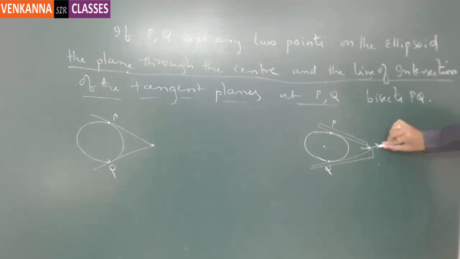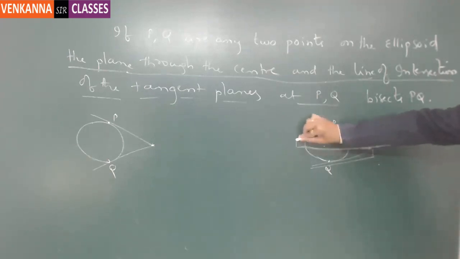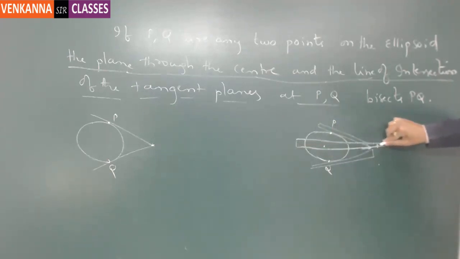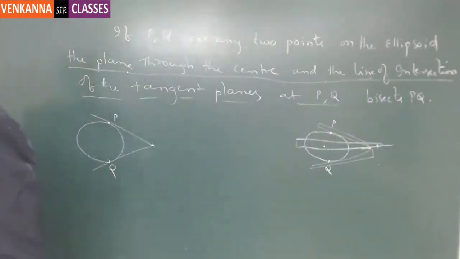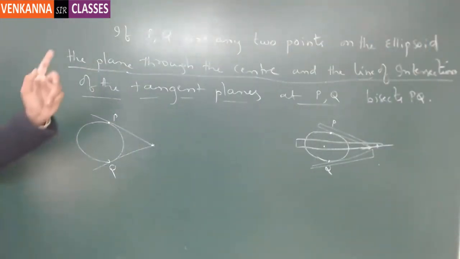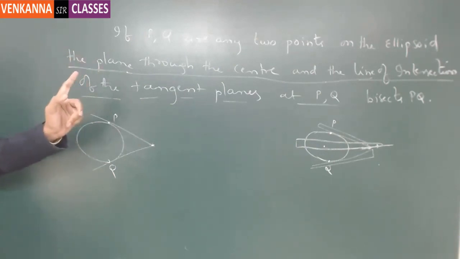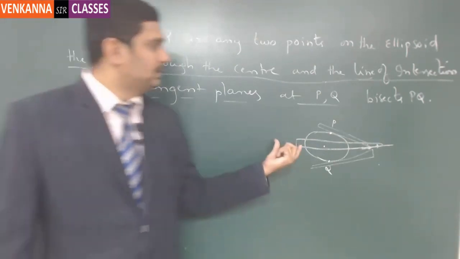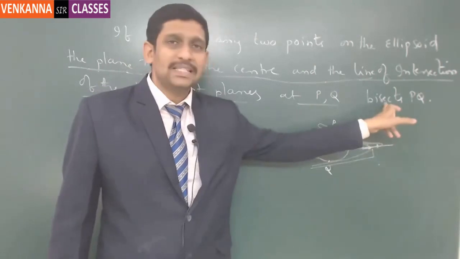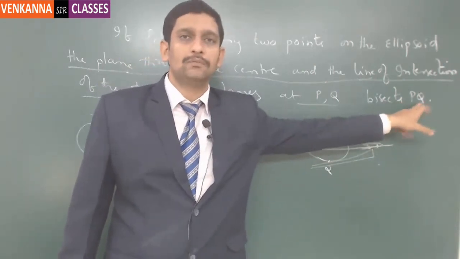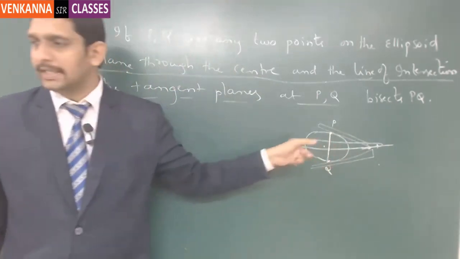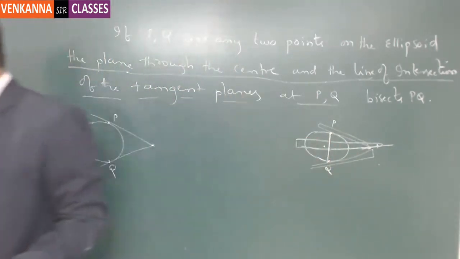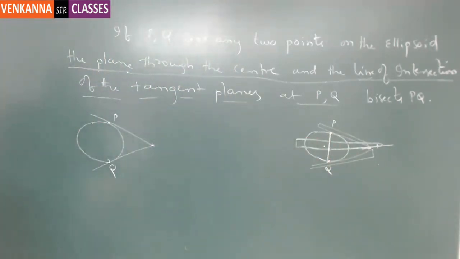So this is the plane I am calculating. And what is the question tag of the problem? This plane bisects PQ. So the plane is bisecting the PQ. That was the question tag we have to prove.